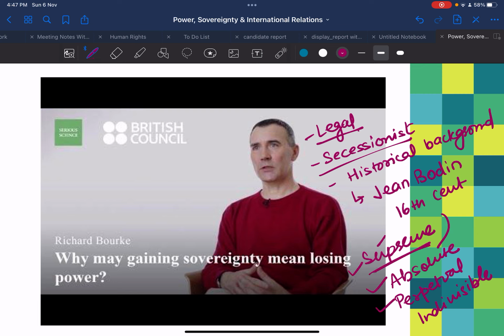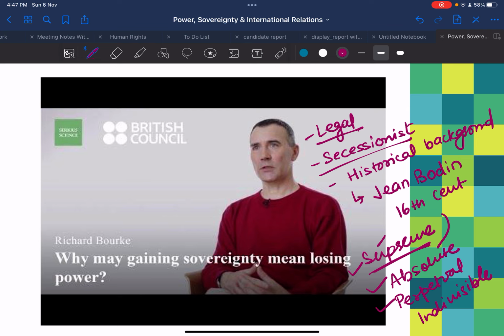Supreme means that the sovereign is a supreme leader on its land. Absolute means the authority of the sovereign is not subject to any internal or external limitations, right? Absolute, that no one can limit sovereignty.